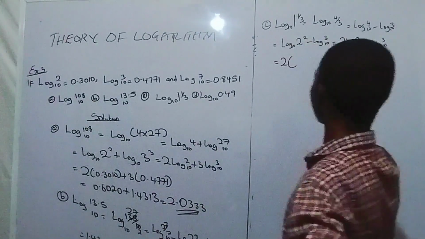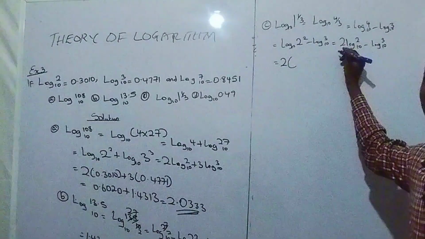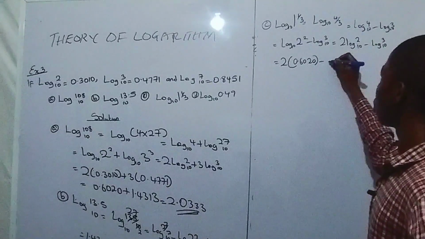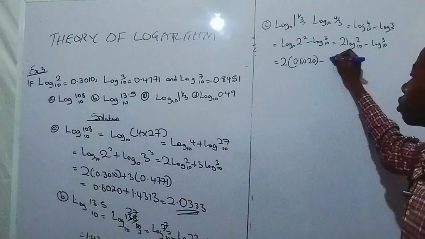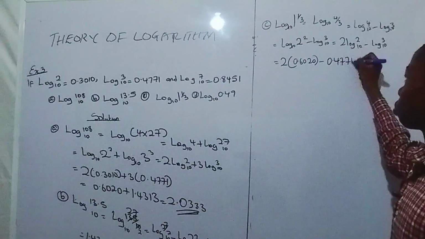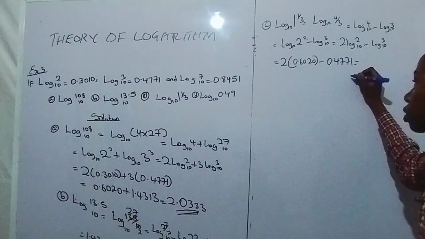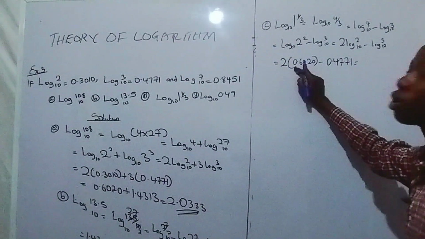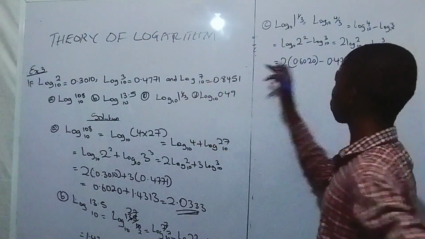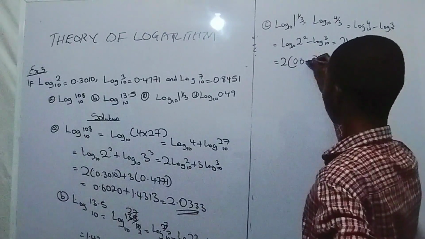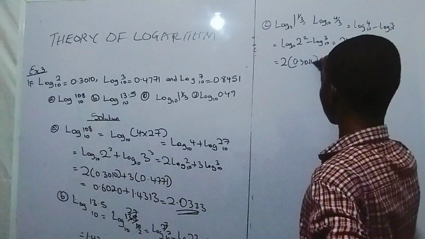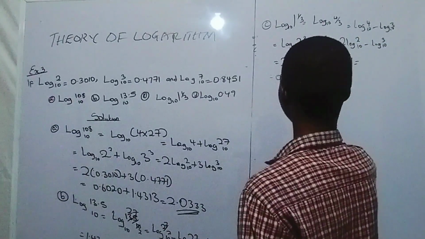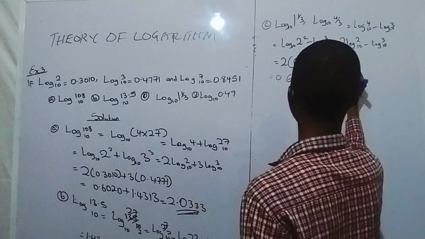That is 2 into brackets, log 2 base 10, which is 0.6020. Log 3 base 10 is 0.4771. Right? So 2 times, okay, I've made a mistake. Log 2 base 10 here is 0.3010. So they multiply, that is 0.6020 minus 0.4771.